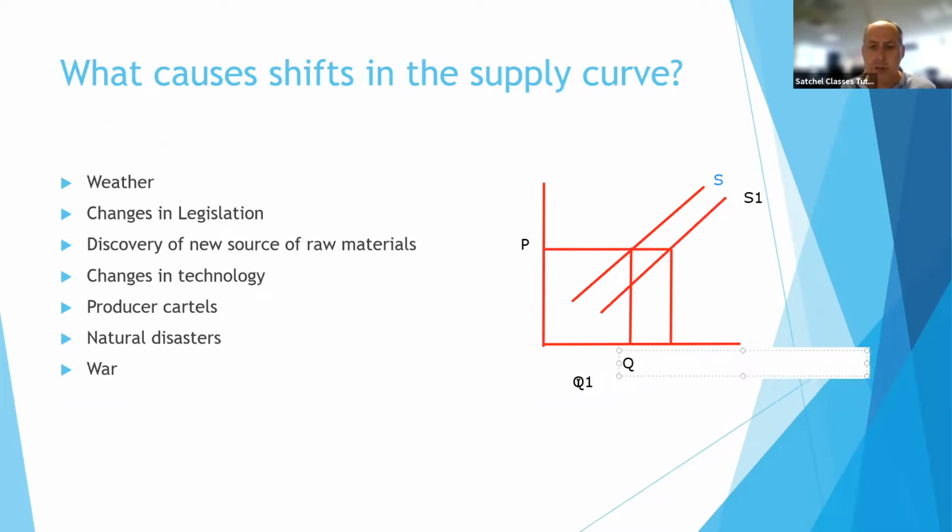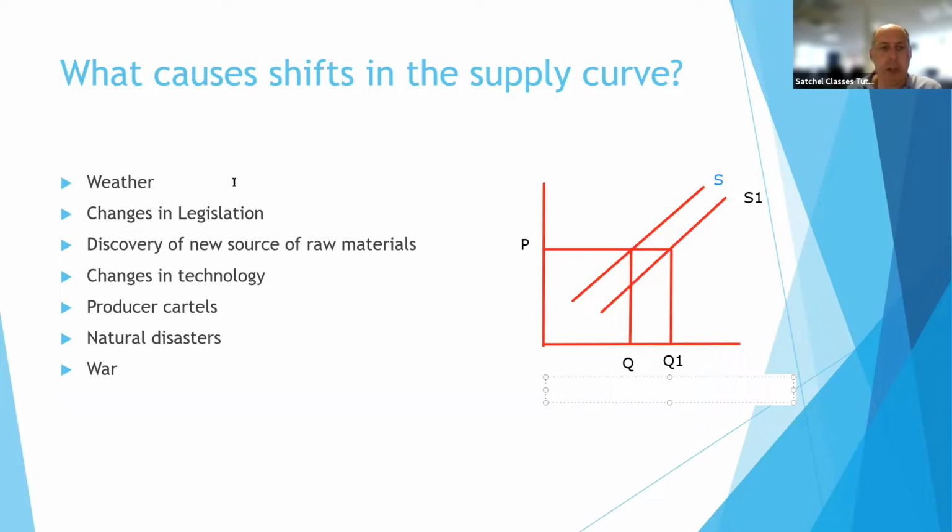So we've had a shift from Q. Just draw that Q1 in again over here, and move it properly. There we go. So we've got price has stayed the same, but quantity has increased from Q to Q1.